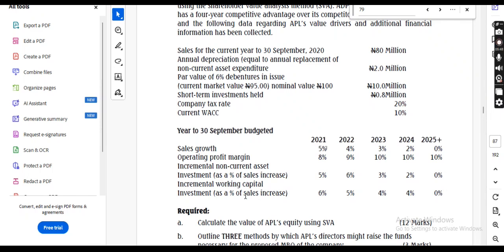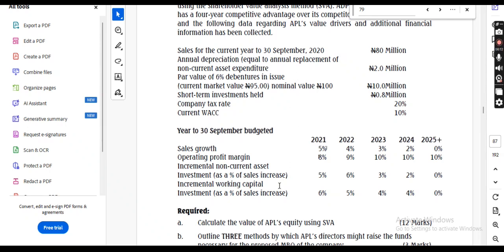The same thing is applicable to incremental working capital investment. You look for the difference of the sales growth and multiply by 6% to have your incremental working capital. And don't forget that, equal to annual depreciation, you will have annual replacement of non-current assets.